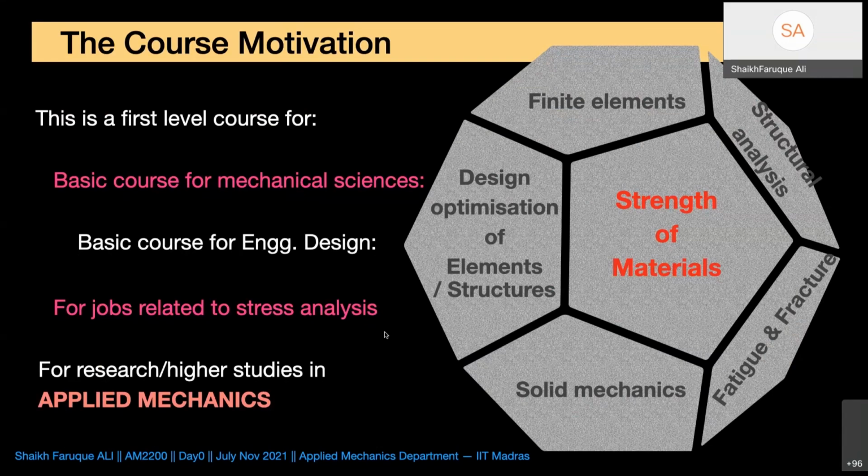Any course that you do from your second year onwards till you do PhD, if you stay in mechanical engineering or in solid mechanics or fluid mechanics, right? Any course related to mechanical sciences, you will need this course. You will use this course left and right.